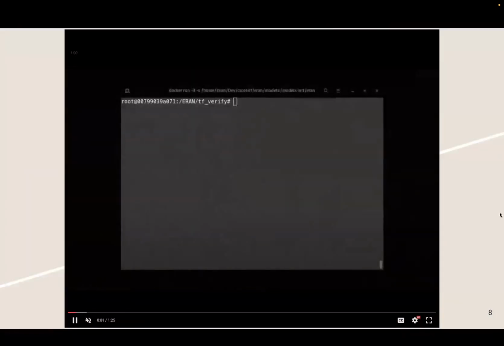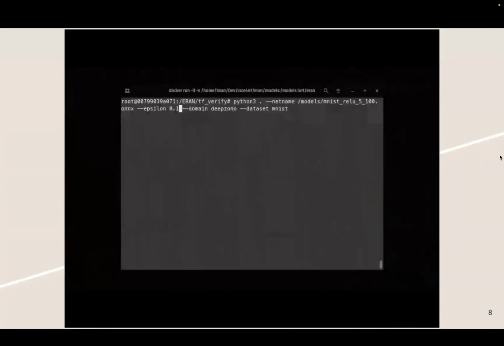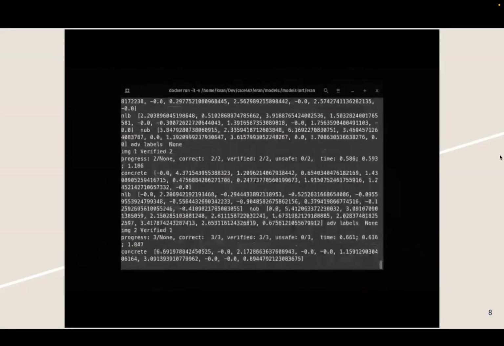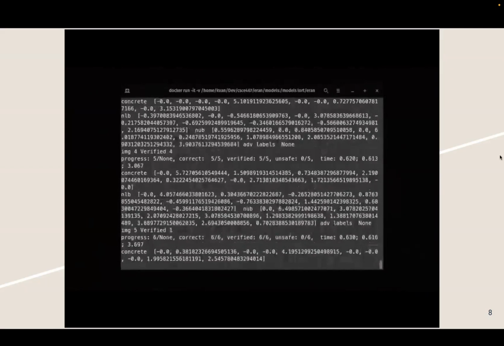All right, now we're going to do a live demo. Basically, this is running already in a Docker container. So in order to get this to run properly, we had to run it in a Docker container. We start Python 3, and it's just going to be running with an epsilon of 0.05 for a 5-layer 100 neuron model.